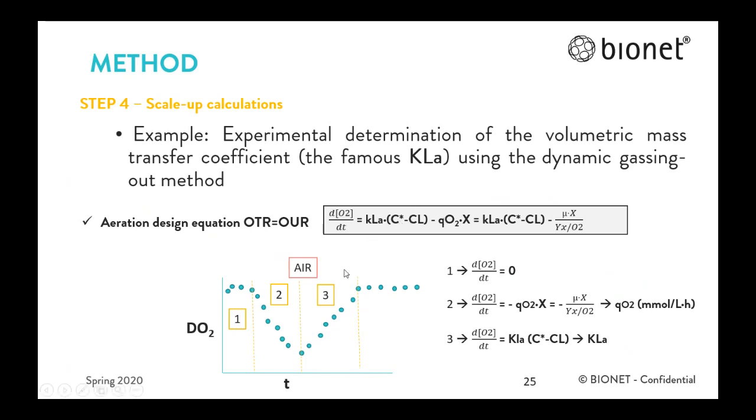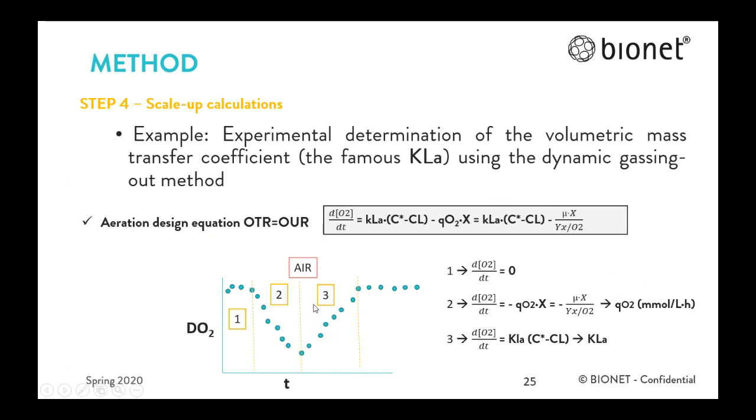In the previous determination of the KLA, for the characterization and calculation of the oxygen transfer rate, it was done without any microorganism growing in the bioreactor, just the liquid, the media. For the next exercise, the calculation of the oxygen uptake rate, we are using the microorganism.